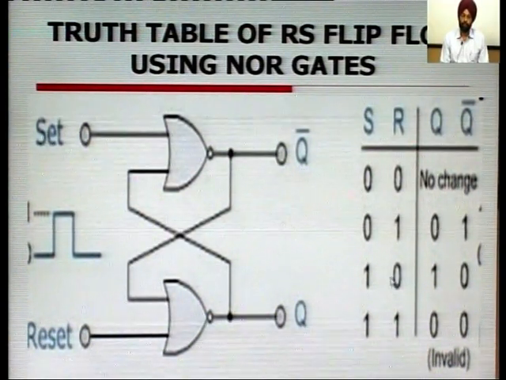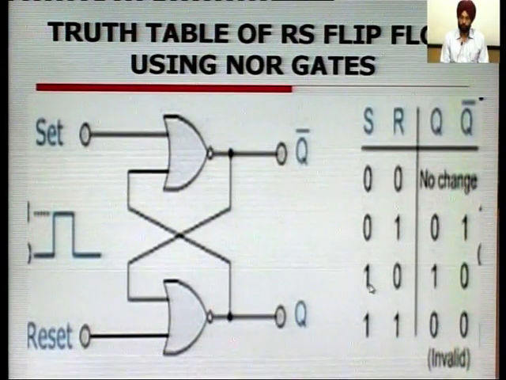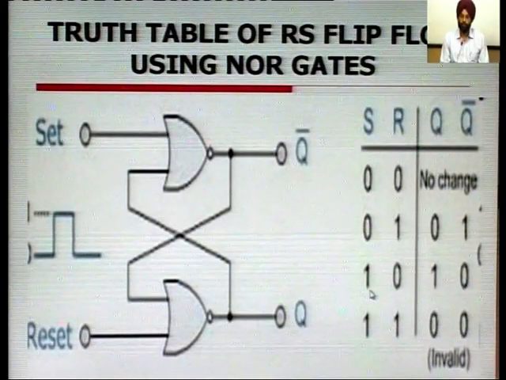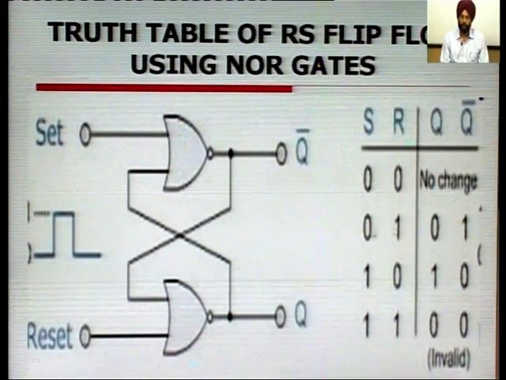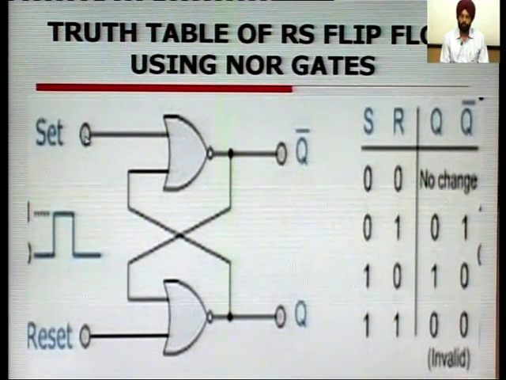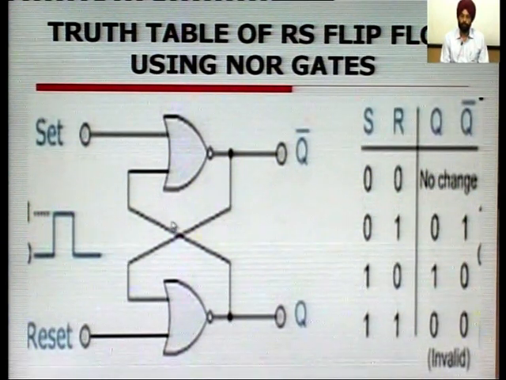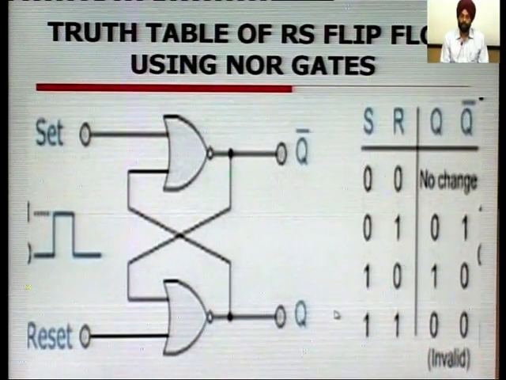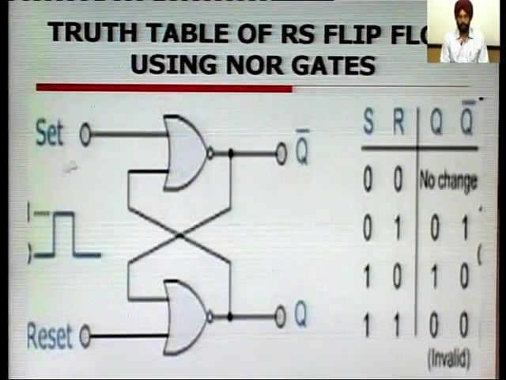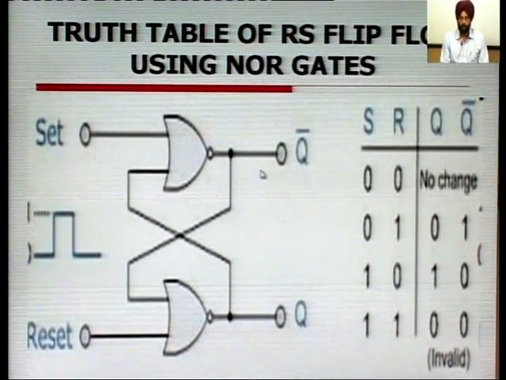So, for the next input combination in this truth table, we apply S input as 1 and R input as 0. This input will cause this flip flop to move into a set state, that is, the Q output will be 1 irrespective of the last state.